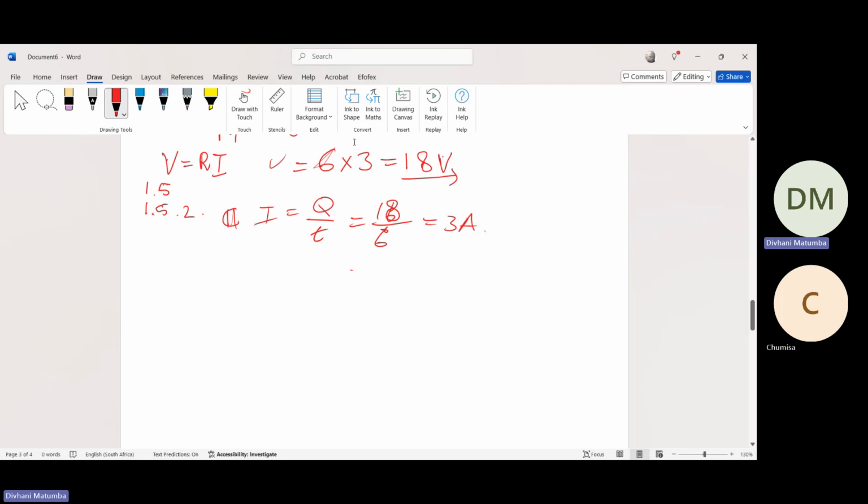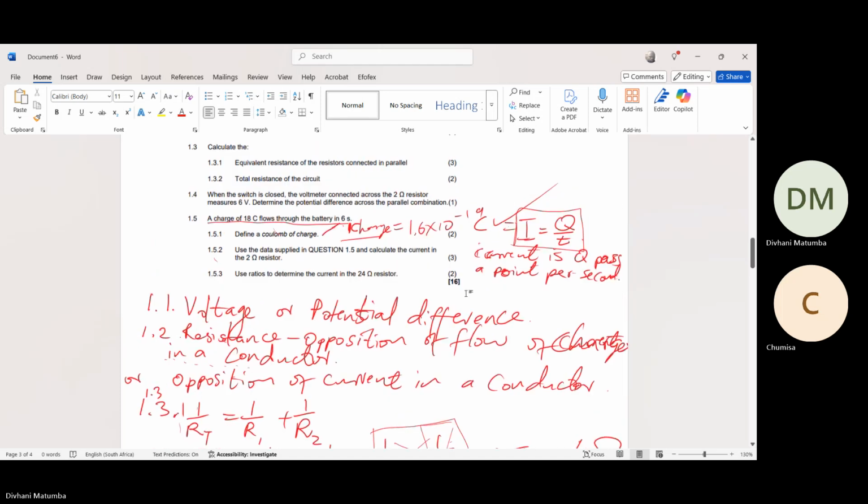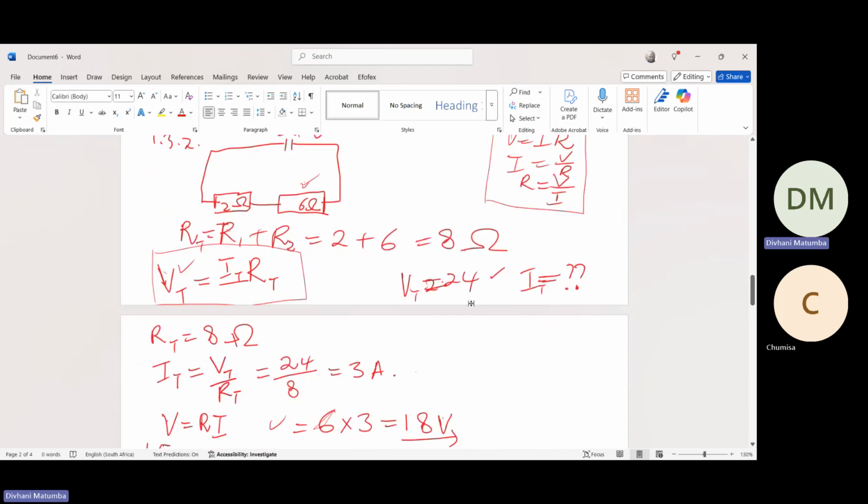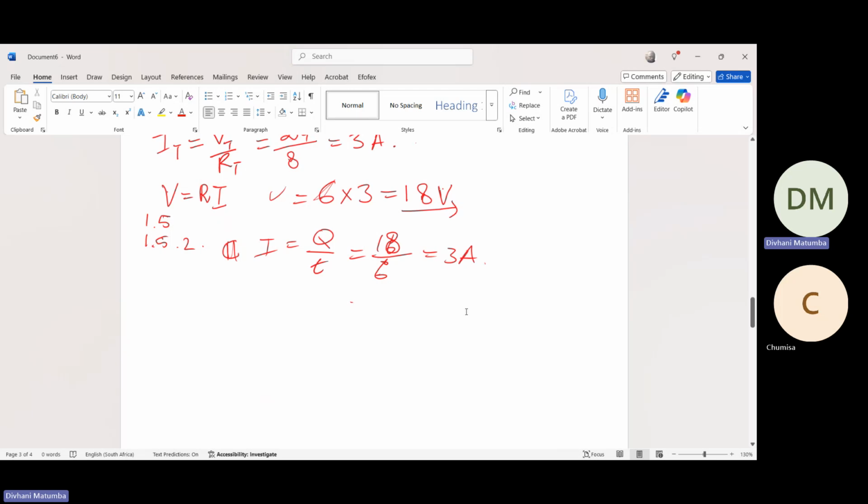Now they said calculate the current in the 2 ohm resistor. We do have the current. Do we have the potential difference across the 2 ohm? 18 volts, sir.